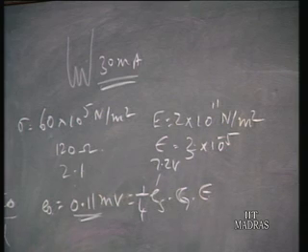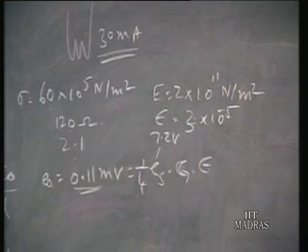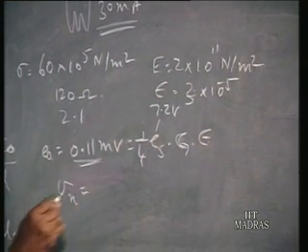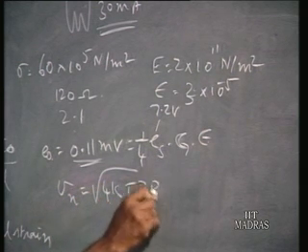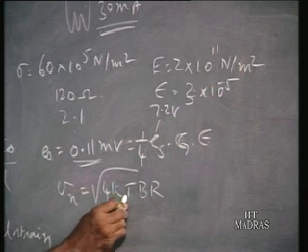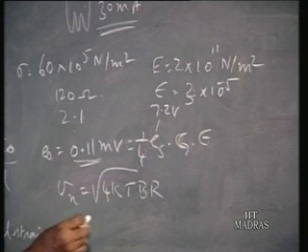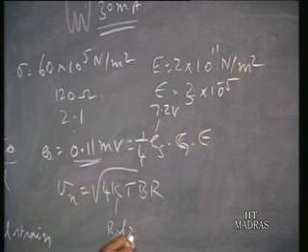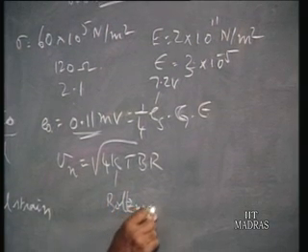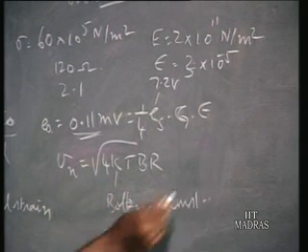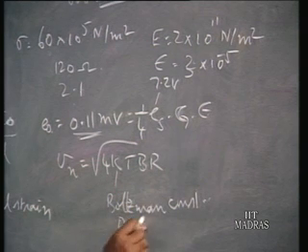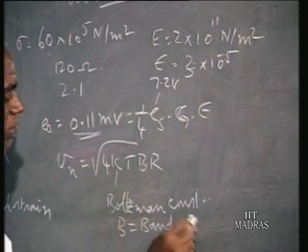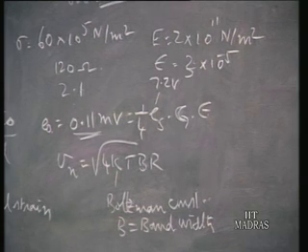And for this, if you use an amplifier, the noise voltage Vn is obtained as the root of 4kTBR, where T is the temperature, K is the Boltzmann constant, B is the bandwidth of the amplifier, and R is the resistance of the strain gauge.